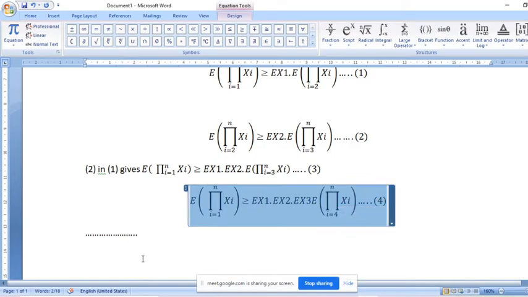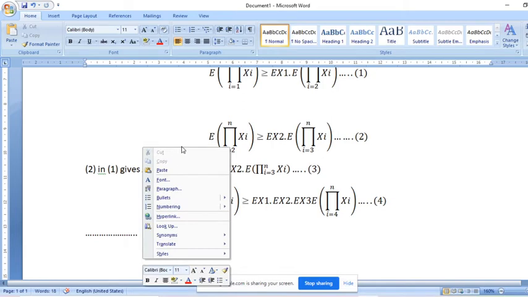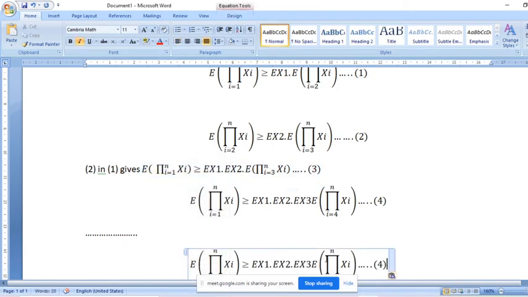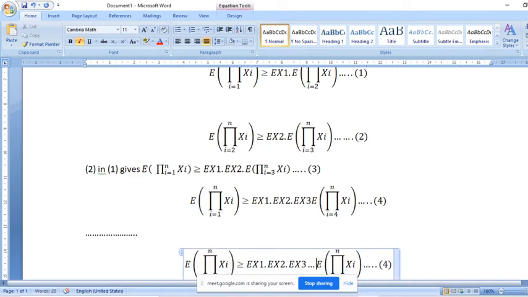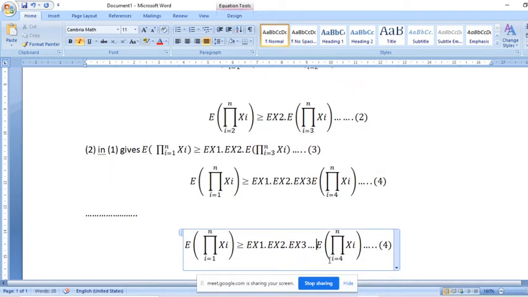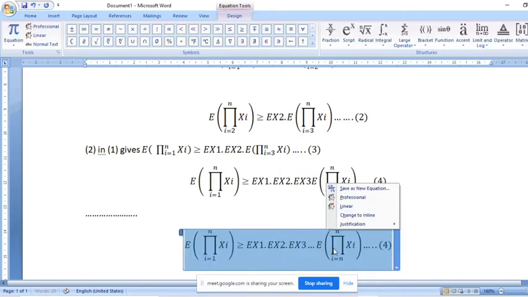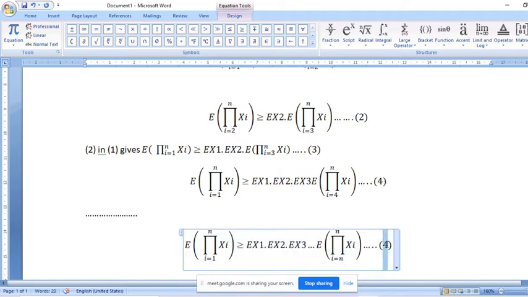So what will be the result? Into etc. This will be i from n to n. So that is actually, okay, this is the nth formula.